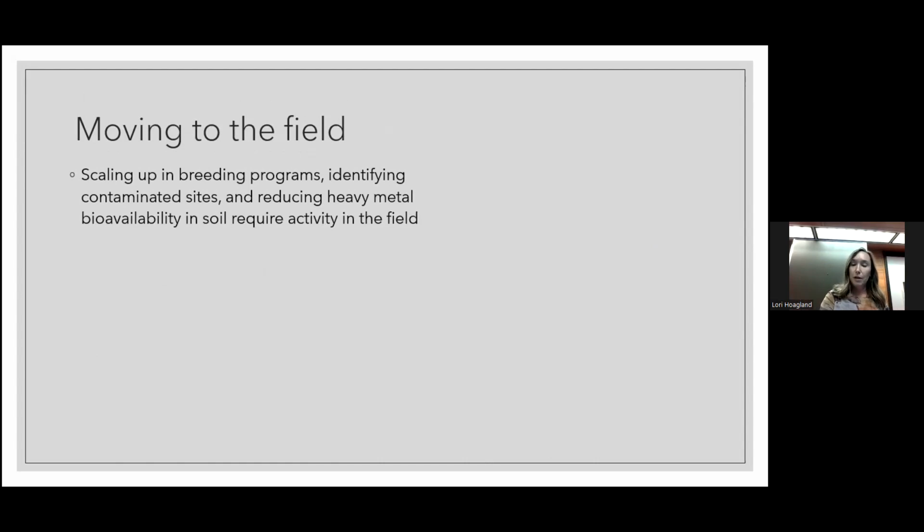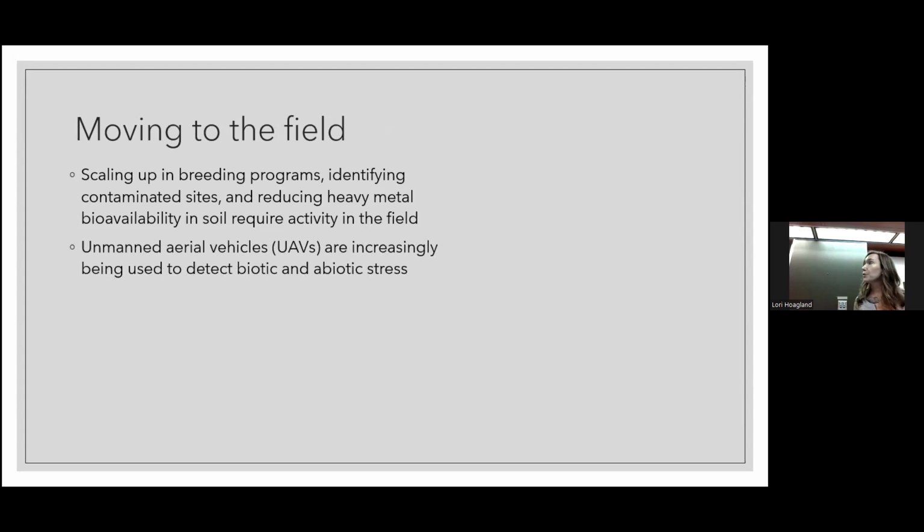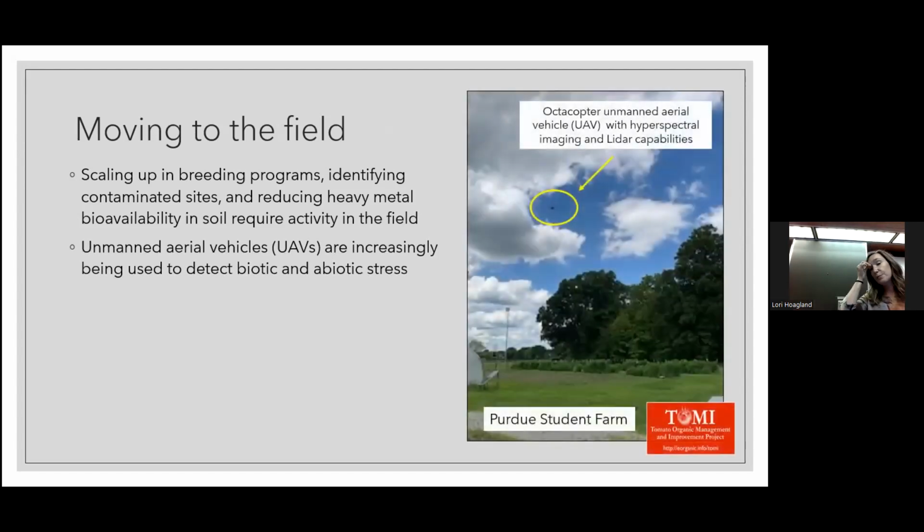There are ways people are bringing hyperspectral imaging out to the field, using unmanned aerial vehicles to monitor biotic and abiotic stress. This is something we've started to play with just a little bit. This is an experiment more on the biocontrol aspect of our study, where we got the UAV from ICSC, Jason, that has both hyperspectral imaging and LiDAR capabilities.